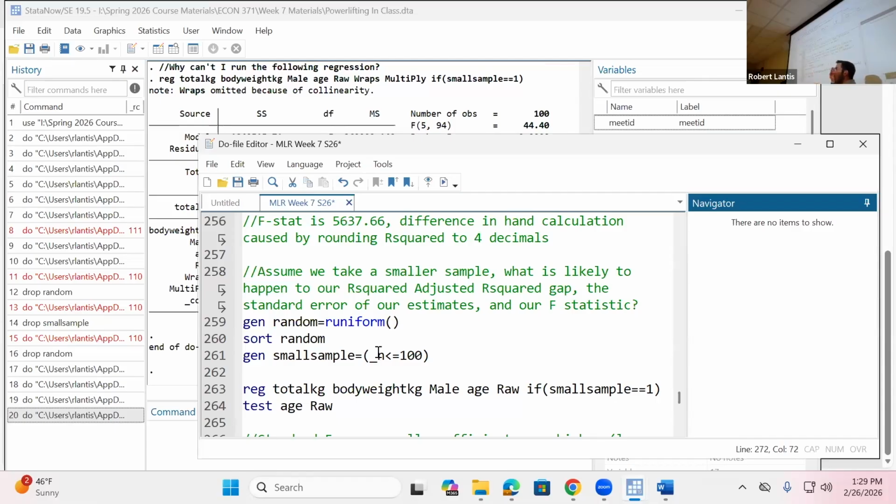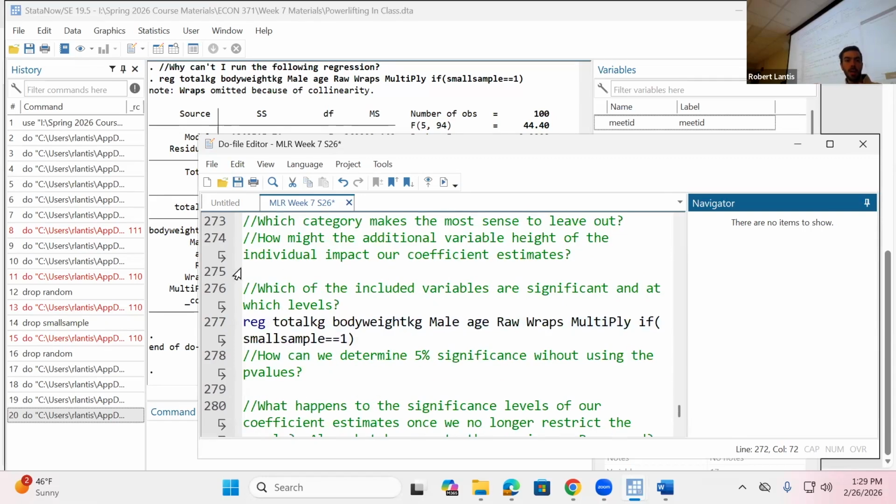But that's a way that you can always generate new random samples, by changing that set seed. If you use the same set seed, this uniform distribution would always give me the same results, which is why you probably saw the same results. Right? So I'm guessing you didn't run that set seed command. I ran it for a different regression. So Stata is going to a different number to generate these random numbers than yours is. Okay.